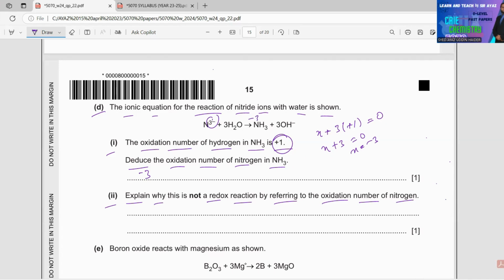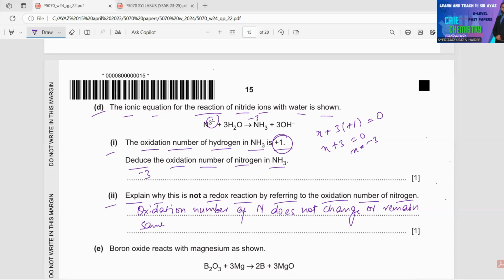So the oxidation number of nitrogen does not change, or remains the same. That is minus 3.